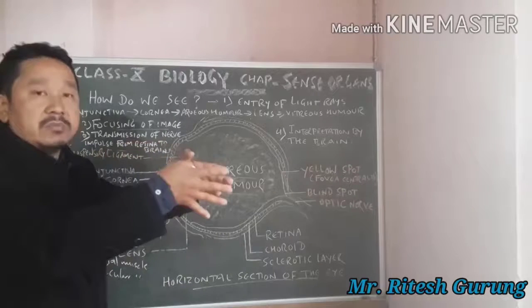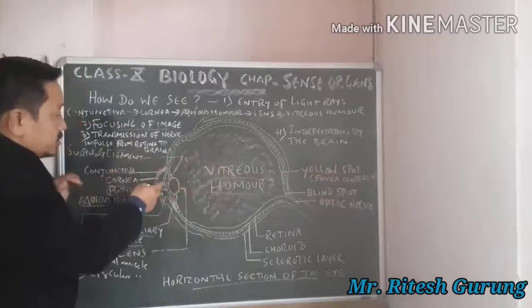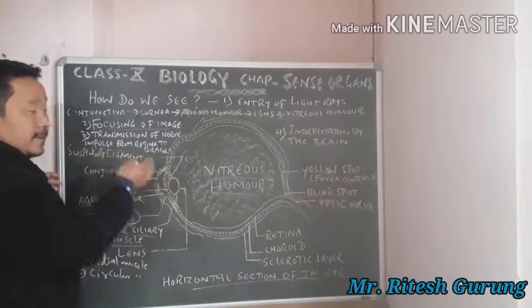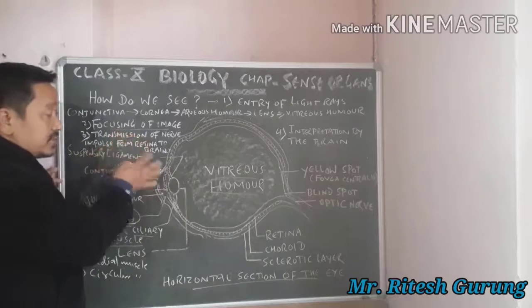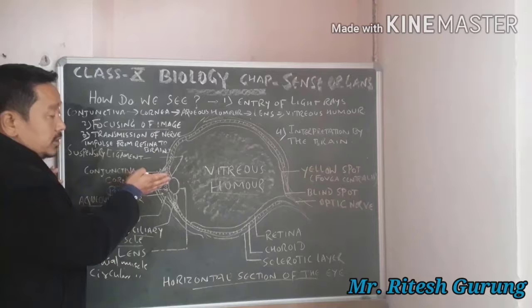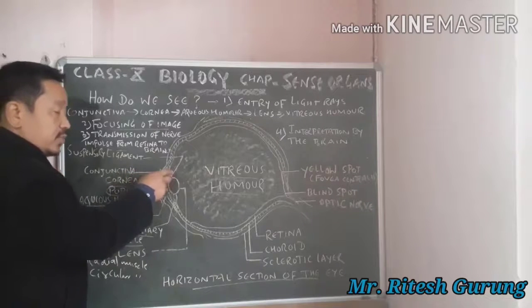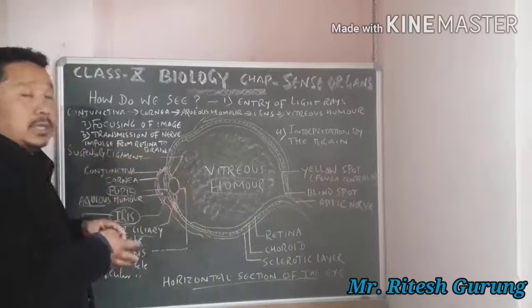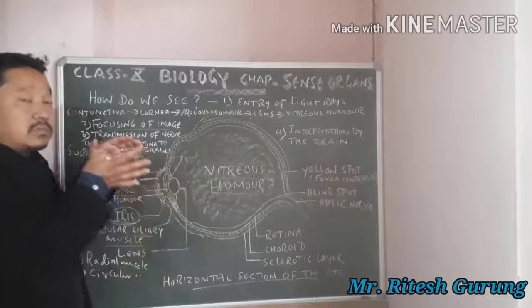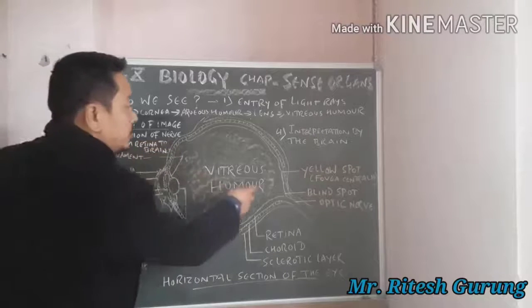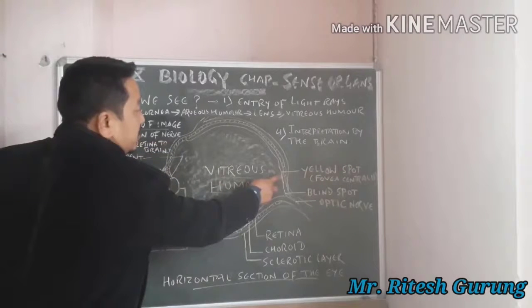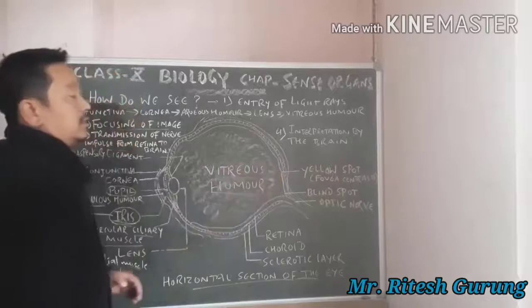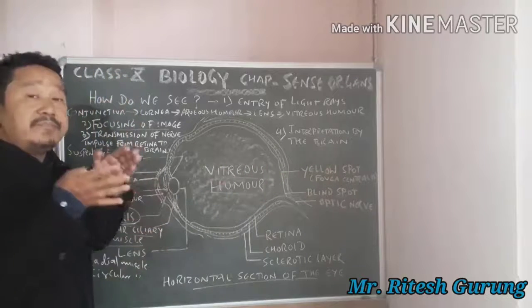Cornea makes those light rays converge to some extent, up to the lens, and from the lens those light rays are further converged to meet at one point, here at the retina.